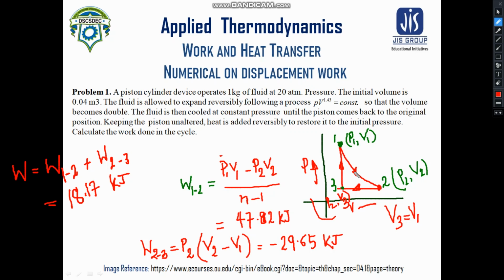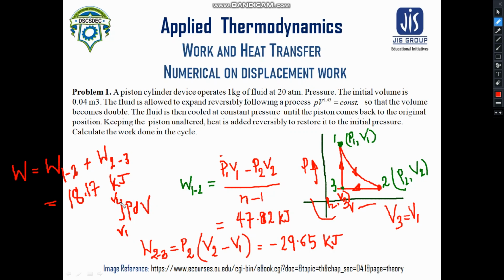That means there is a functional relationship between pressure and volume. If you know that relationship, you have to express the term P in terms of V. So you just need to express P in terms of V, then put it in the PdV equation and integrate between the limits of initial and final volume.